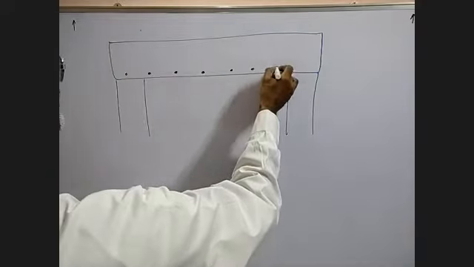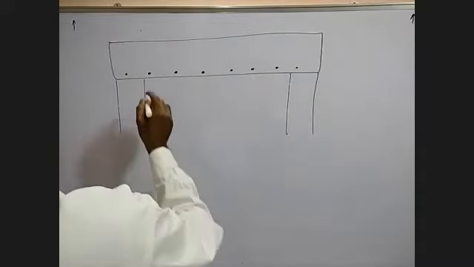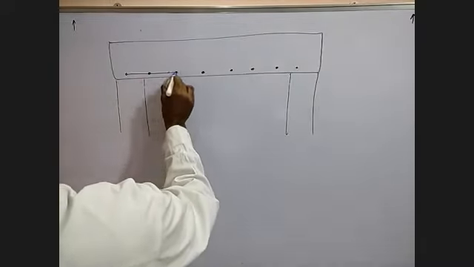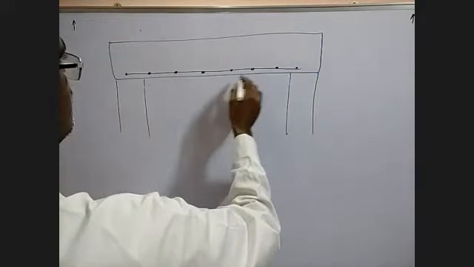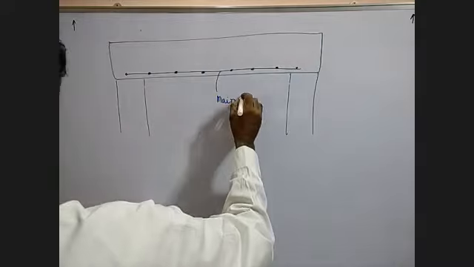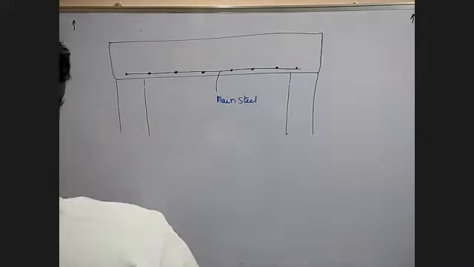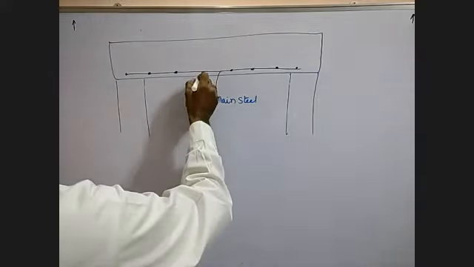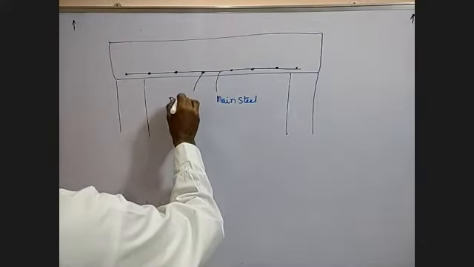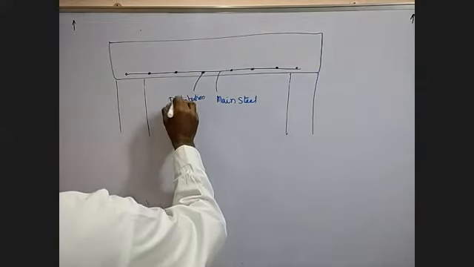The blue is the main bar, the main steel. And these dotted lines are the distribution steel, the distribution reinforcement.